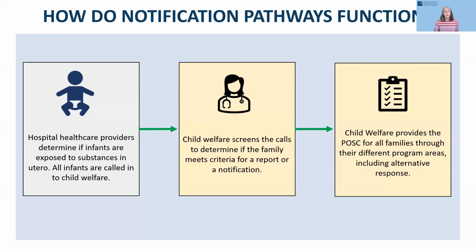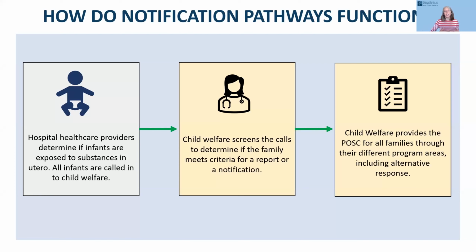So I want to talk a little bit about how these notification pathways look and operate. And again, there may be some differences in your state, but this is what the pathway looks like if there is no separate notification pathway. There's just one pathway. So in some states, it just is sort of business as usual, where a healthcare provider recognized that there was some exposure. They call child welfare, who screens in or screens out, but they handle the plan of safe care.